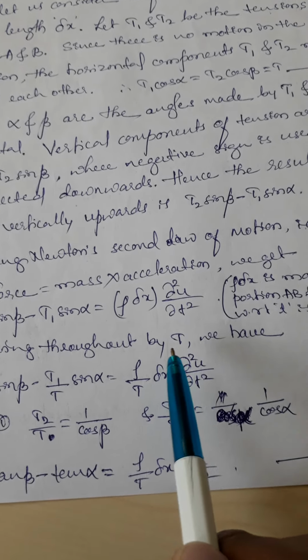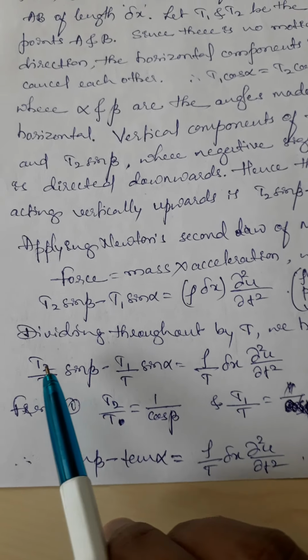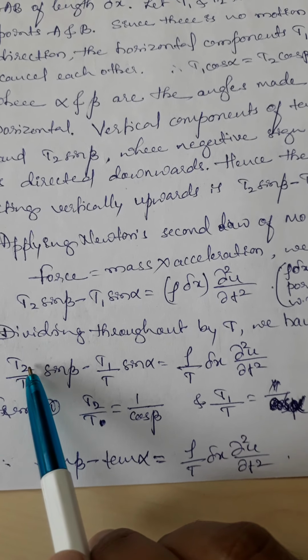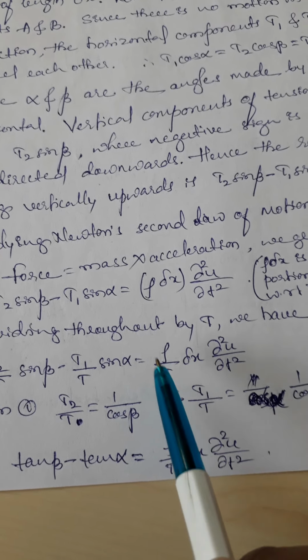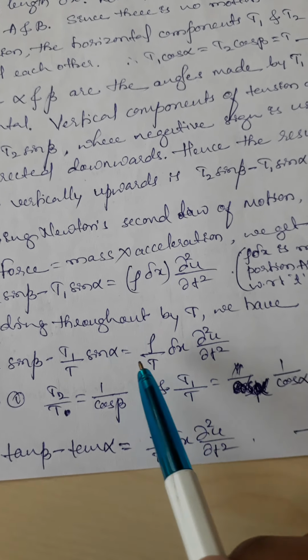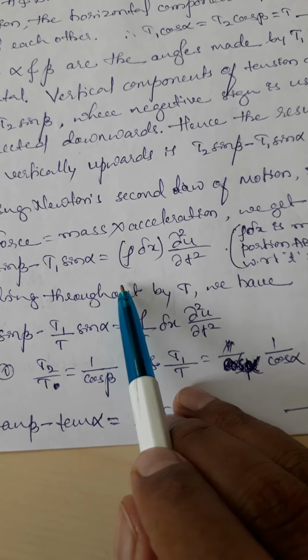Dividing throughout by T, we have T2 sin beta divided by T minus T1 sin alpha divided by T equal to rho delta x by T times ∂²u/∂t².